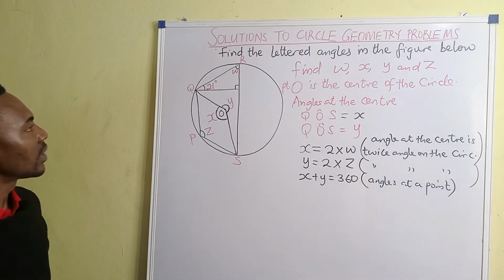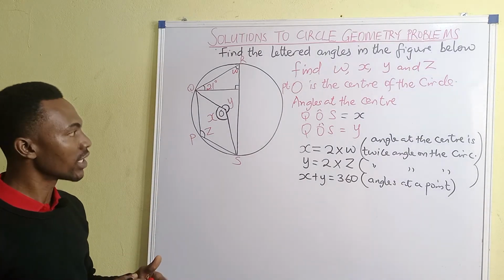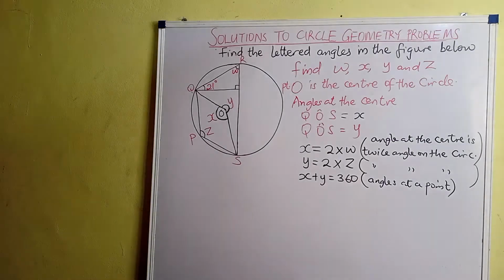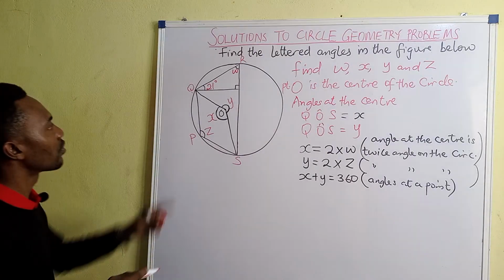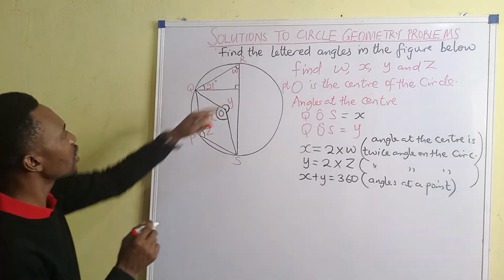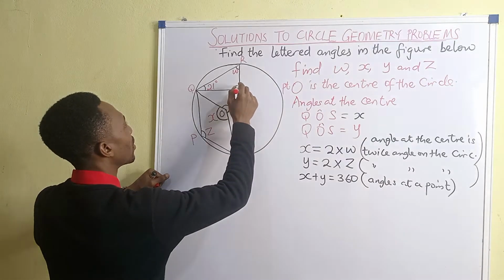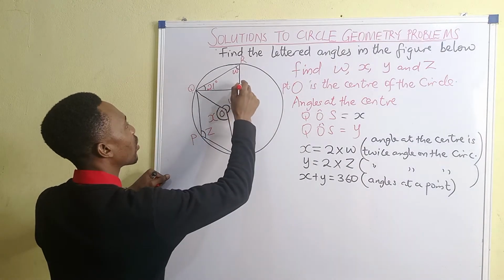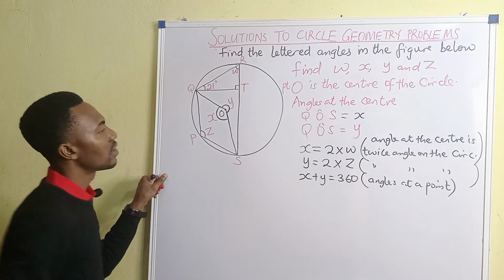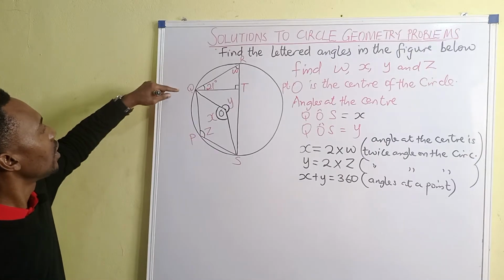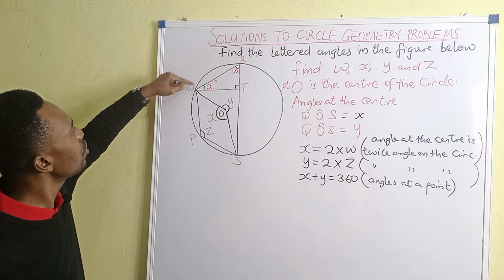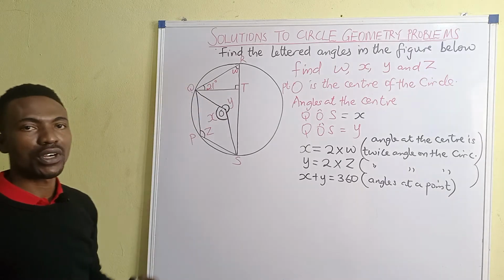Okay. Now, there is another observation we can make from the board. If I call this point, okay, PQRS, let me call this point T. If I call this point T, you observe that QRT forms a triangle.